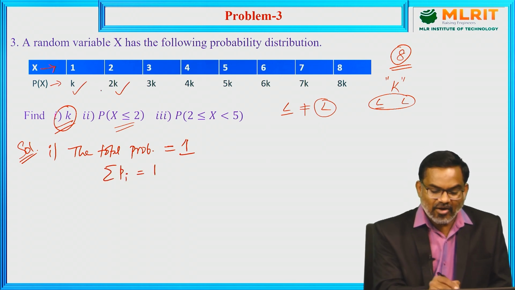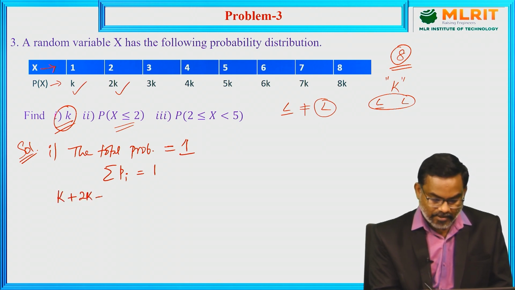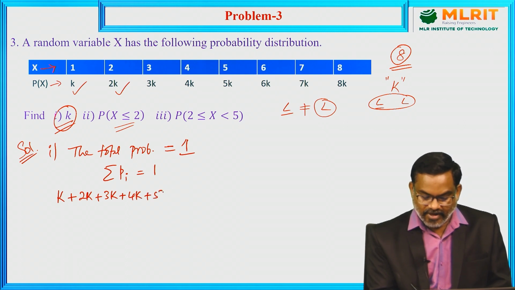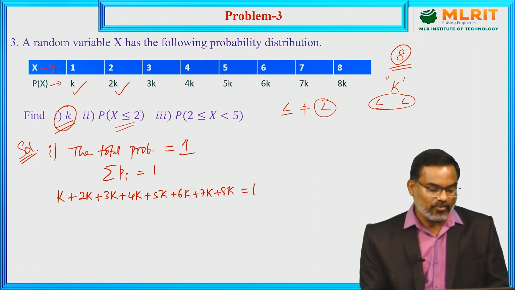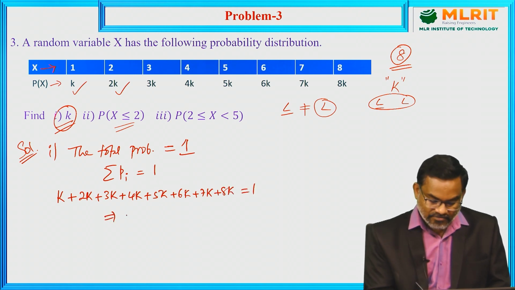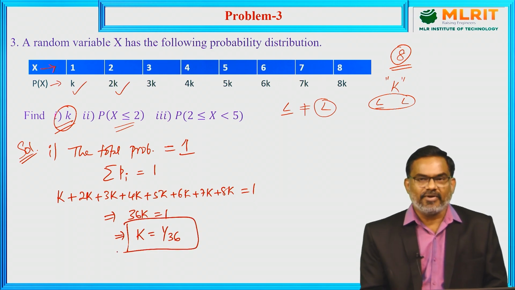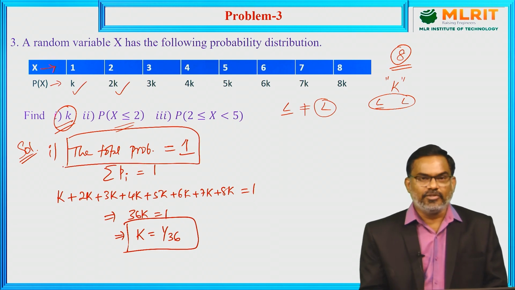So, if you add all these probabilities, K plus 2K plus 3K and so on, 5K, 6K, 7K and 8K, this total must be equal to 1. By adding all these values, 36K equals 1, that implies the value of K is 1 by 36. So, we have obtained the value of K using the property that the total probability is unity.